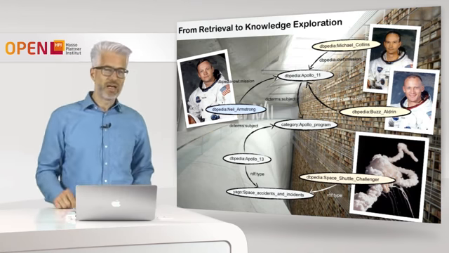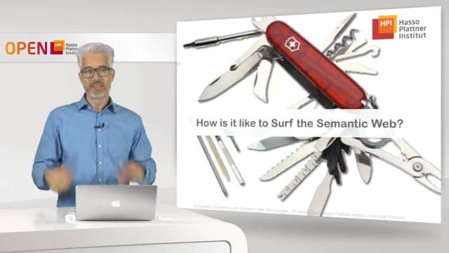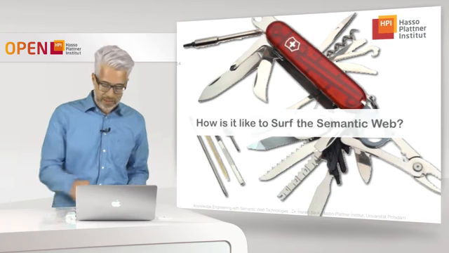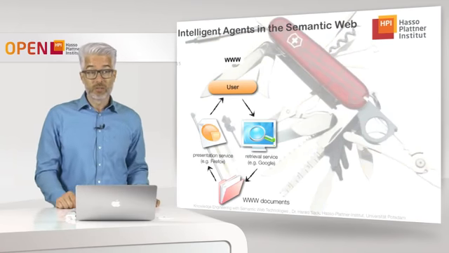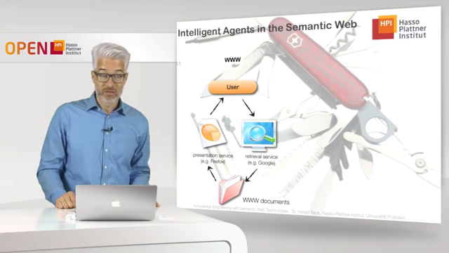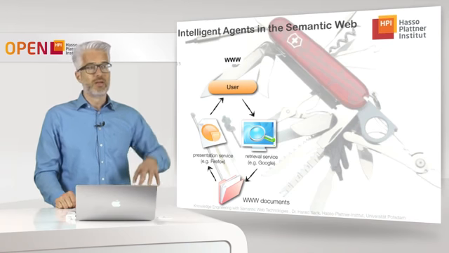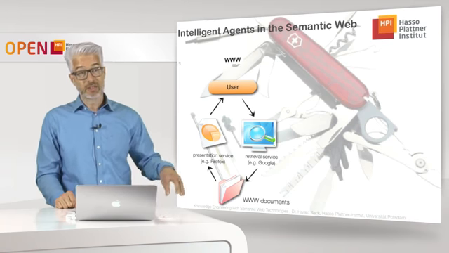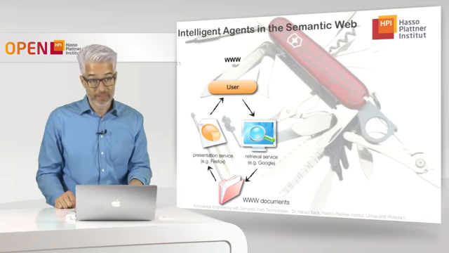So now you might wonder, how will it be to surf this semantic web? If we surf the web today, we follow a simple model. We have a retrieval service, the search engine, which, for example, looks for web pages that contain information according to our information needs.